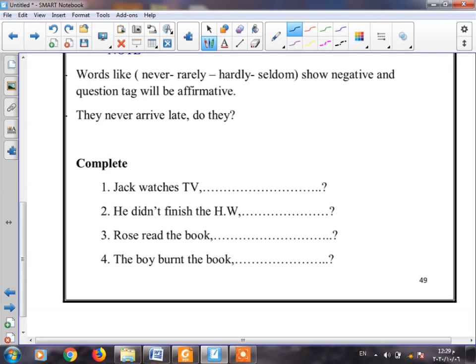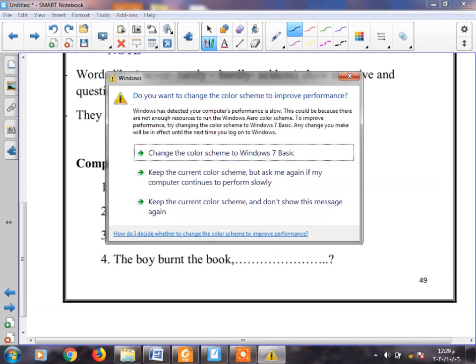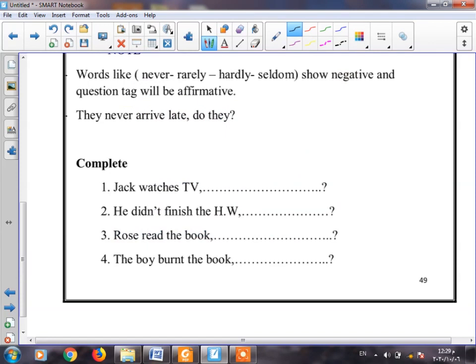Number two, what are our helping verbs? If you ask the first question, if you read it, you will find Jack watches, it's a present simple tense. Okay, as you see here. So I'm going to write doesn't or does. My sentence here is positive, so I'm going to write doesn't. And Jack will be replaced by he.